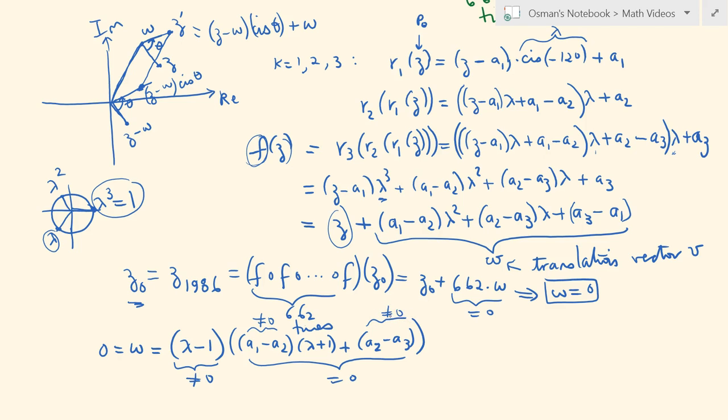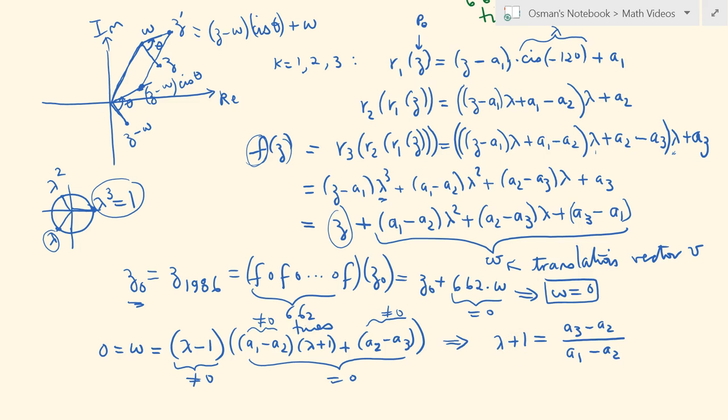So what we get is, suggesting this thing being equal to 0 is what? Lambda plus 1 is equal to, so I can move this to the right hand side and divide both sides by a1 minus a2, so I'll get a3 minus a2 over a1 minus a2.